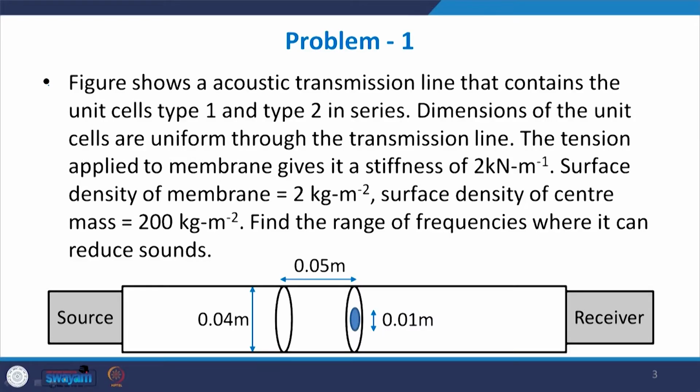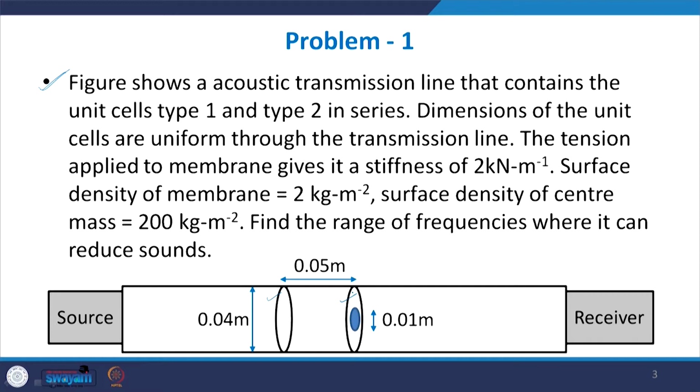So, the first numerical: the problem that is given to us has a figure shown here, and you have an acoustic transmission line which contains two types of unit cells. It has a unit cell type 1 which is given here and the unit cell type 2 that is given here, and they are connected in series, and the dimensions of the unit cells are uniform throughout the transmission line.